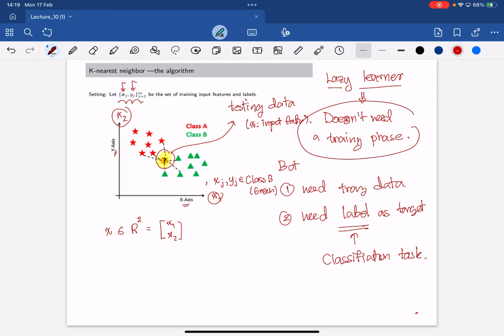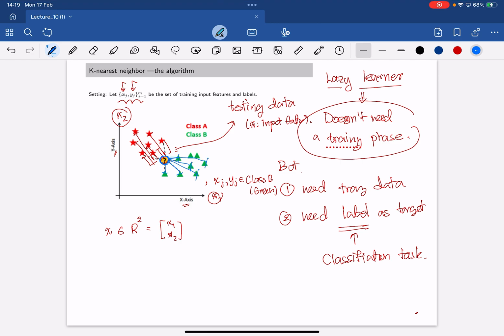When we have this testing data, we can calculate the distance between it and the training data around it. You can calculate the distance between this yellow point, which is testing, and those red points, which are in training and belong to class A, the red class. You can also calculate the distance between this yellow point and class B, the green class.